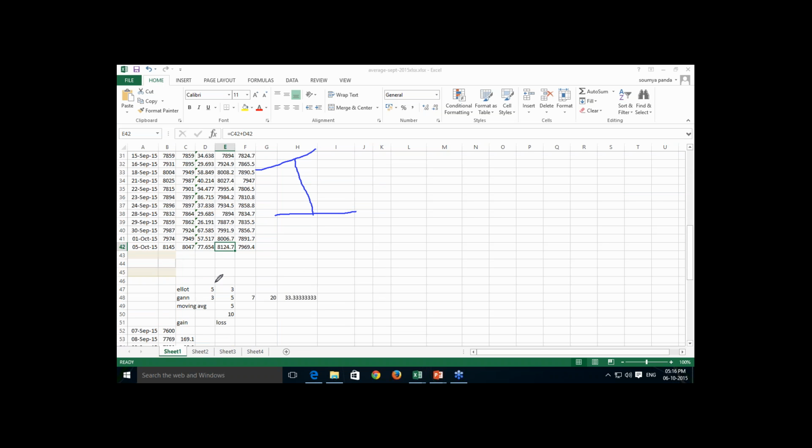What is the impulsive wave? Whenever greater demand or greater supply is there, that demand or supply should have a tendency to take the price 5 steps above or 5 steps down. That is called your impulsive wave.